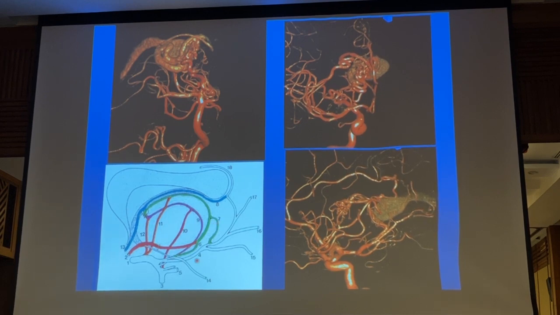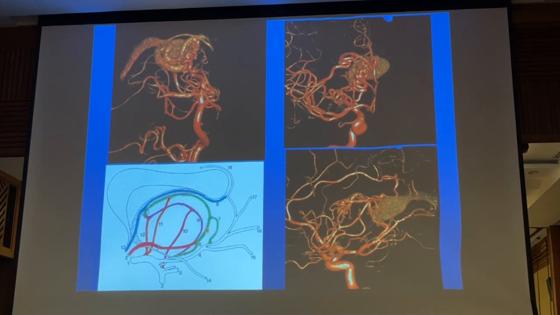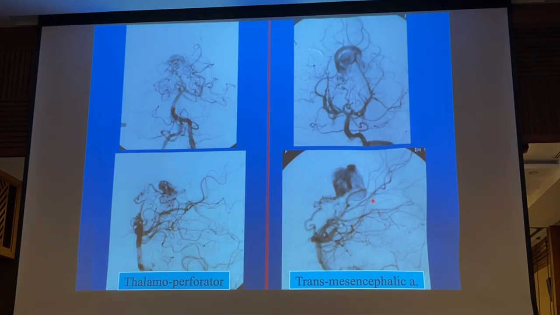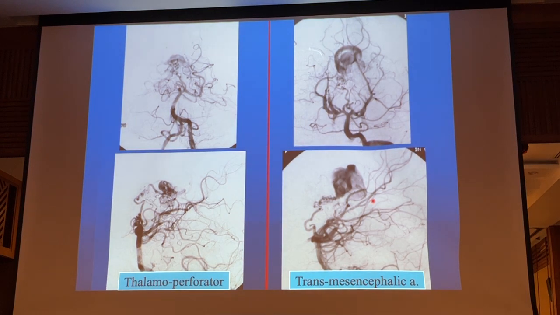Okay, this is what we illustrate: medial and lateral posterior choroidal, anterior choroidal, and thalamoperforators. And last word, we have to remember to differentiate this. Thalamoperforators are subependymal arteries. However, there's a similar appearance of an artery, but this is a transmesencephalic artery.